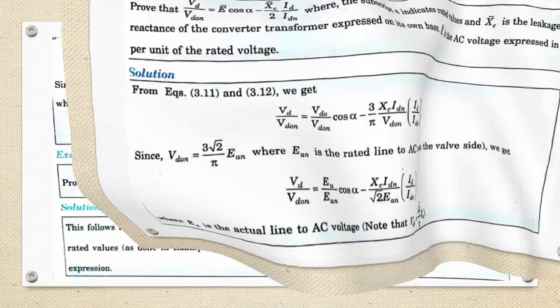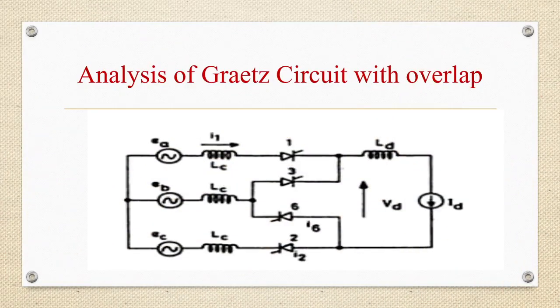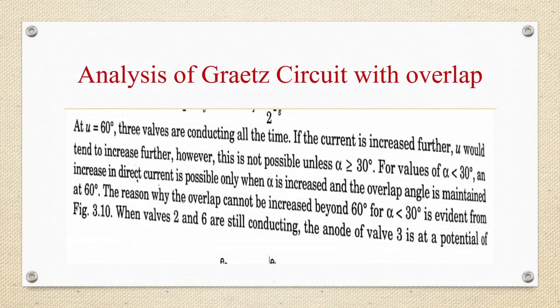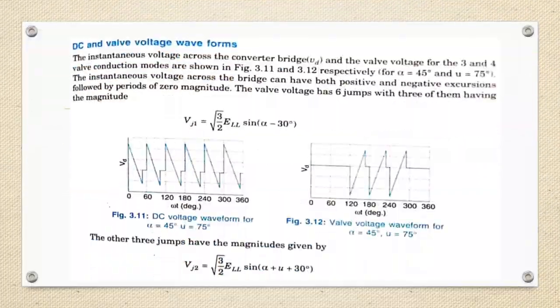Then we have seen a few numericals. The analysis with 3 and 4 valve conduction mode. This is the equivalent circuit diagram, and these are the equations which we have derived. DC and valve voltage waveforms.